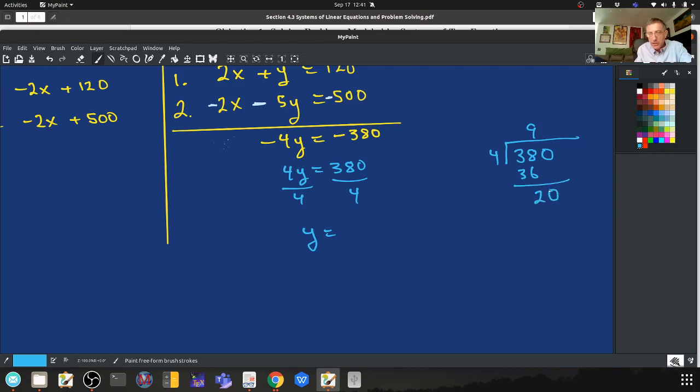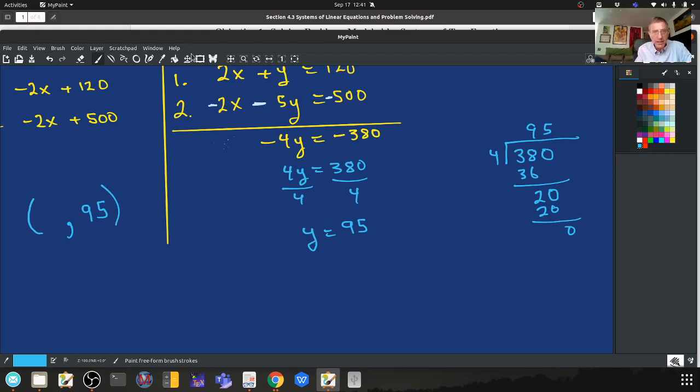Bring down the 0 is 20. 4 times 5 is 20. So I have remainder 0. So y is equal to 95. So I already found one of my ordered pair solutions, 95. That's going to be 95 pounds.